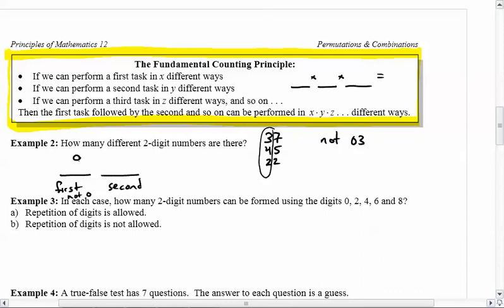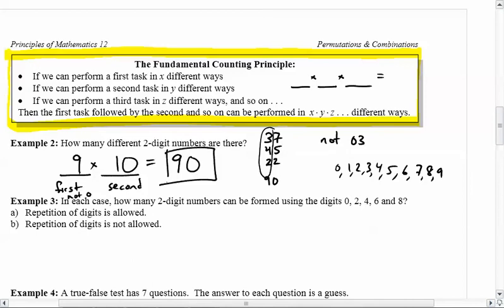So there's 9 possibilities for the first digit. But the second digit could be any number, including 0. So from 0 to 9, we actually have 10 different digits to choose from. There's 10 possibilities for the second digit. So 9 times 10 is 90. And this kind of makes sense because it's all the numbers from 10 to 99.